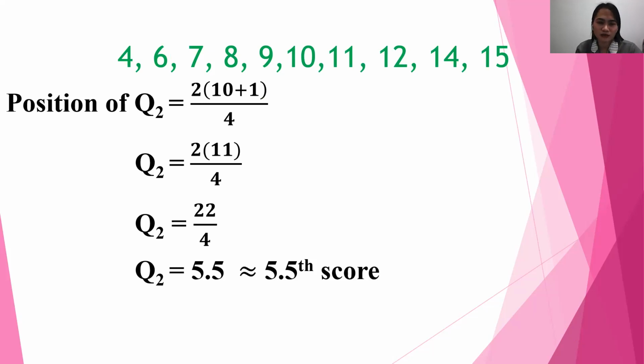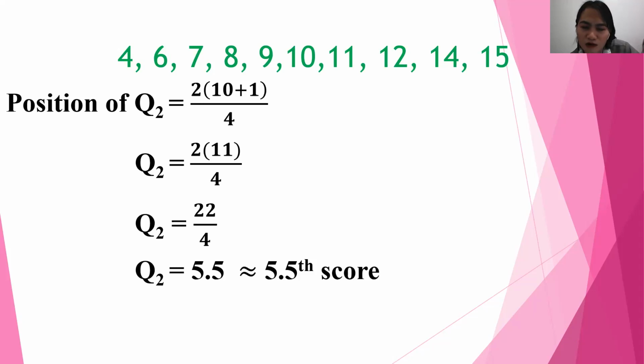So Q sub 2 is equal to 2 times the quantity of 10 plus 1, all over 4. From 10 plus 1 becomes 11, so 11 times 2 is equal to 22. So quartile 2 is equal to 22 over 4. So we get 5.5.